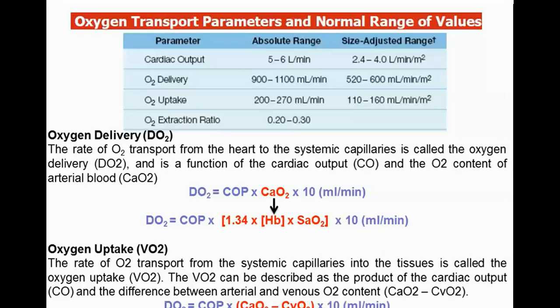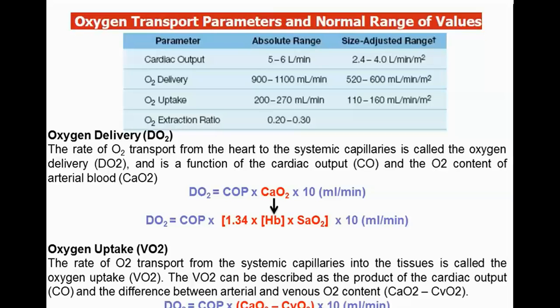As we discussed, the oxygen content is simplified as 1.34 multiplied by hemoglobin, by saturation. If saturation is 100%, it's 1.34 times hemoglobin, and normally it's about 20 milliliters of oxygen per deciliter of blood.